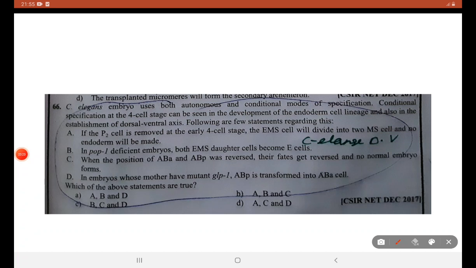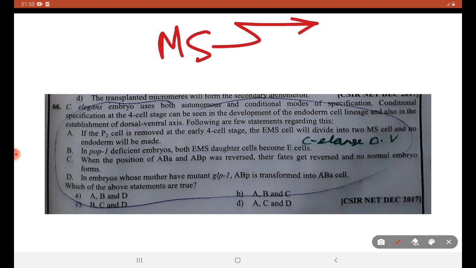If P2 cell is removed at the 4 cell stage, EMS will divide into 2 MS and no endoderm will be made. So why are they saying that no endoderm is made? If P2 is removed, there will be 2 MS. Each will give rise to mesoderm.